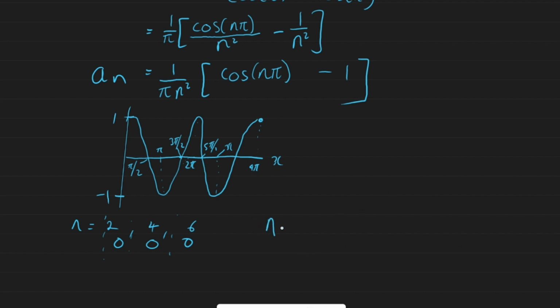Let's say n is equal to 1, 3, 5, 7, etc. So if n is equal to 1, we have cos of pi. Cos of pi is -1. So -1 gives -2, so what we have here is -2 over pi n squared.